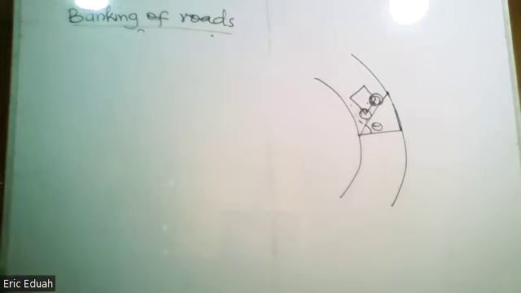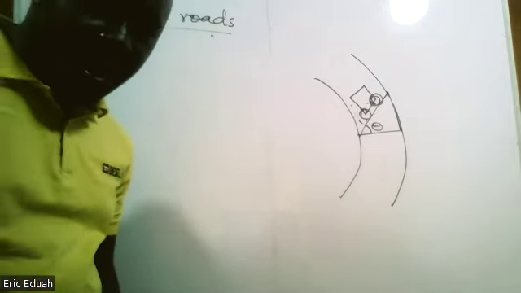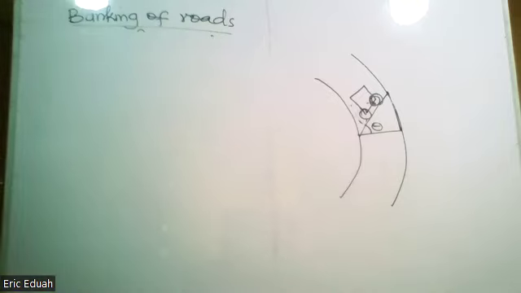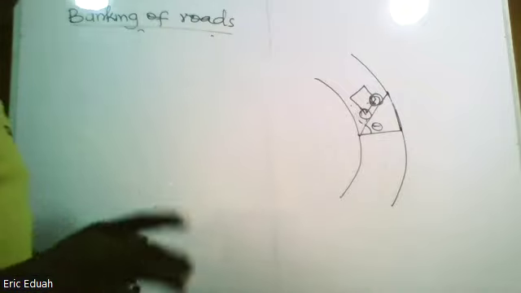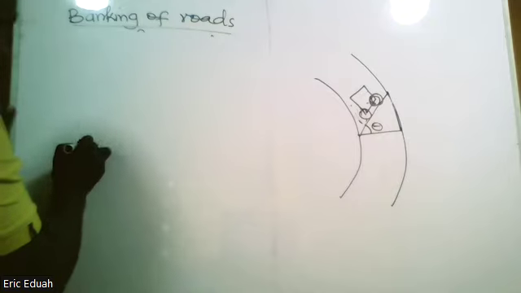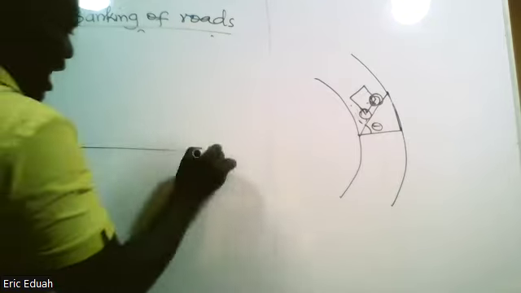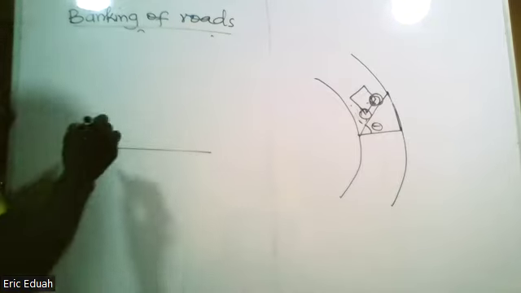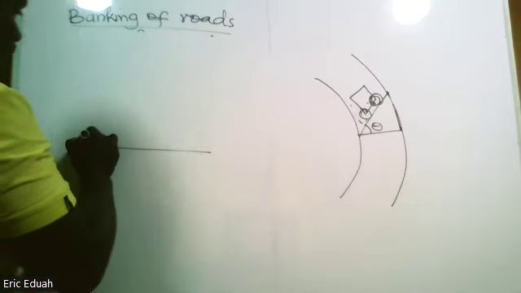We all know that the centripetal force is to be provided by friction when a car is negotiating a bend. But in some cases, there may not be frictional force on the surface. Yet the car can make that turn without depending on friction.